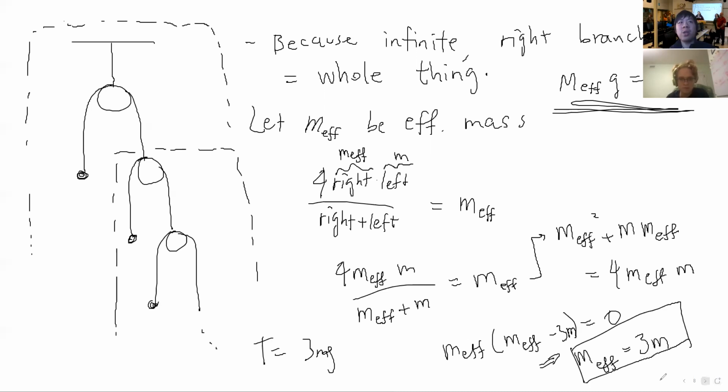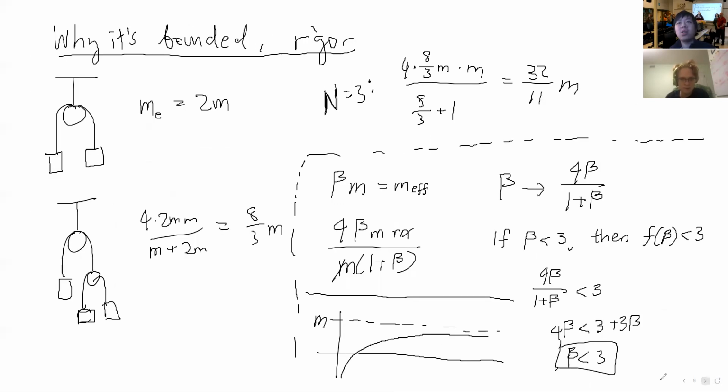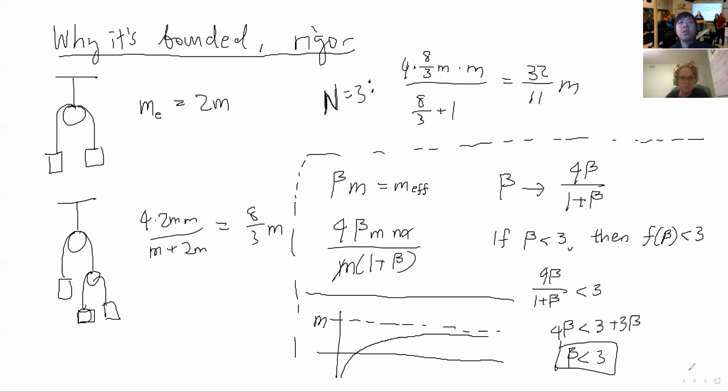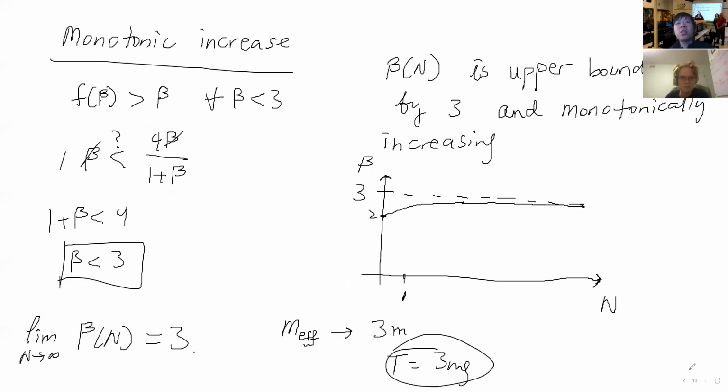Otherwise, if you want to be more rigorous about it, you can use this sequences argument. Questions? Okay, so this was just a cool problem that I thought would be helpful in understanding center of mass and tension, and some other stuff.